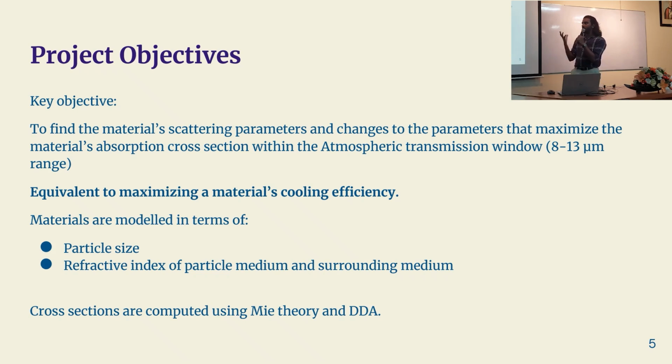I modeled my materials in terms of the particle size and also refractive index. I made a lot of assumptions: that the material is only particles, considering a single type of particle and a single surrounding medium. And the cross-section values are calculated using what is called Mie theory and the discrete dipole approximation. We will get to that later.